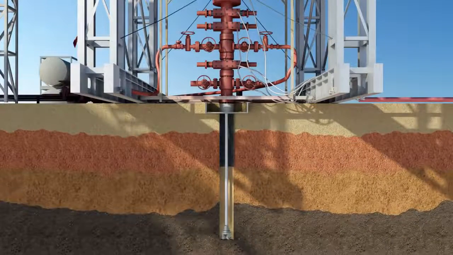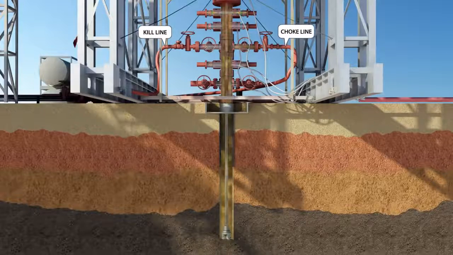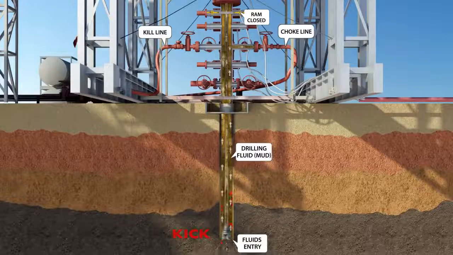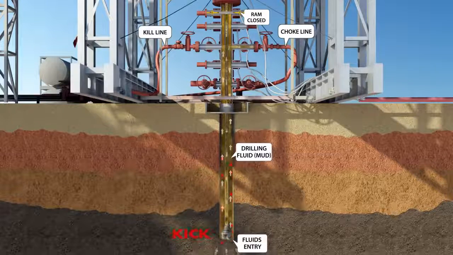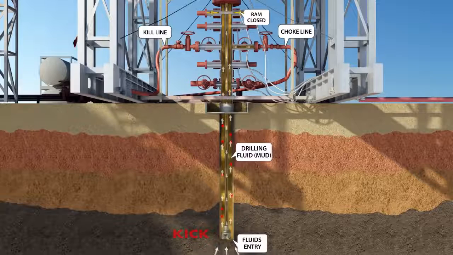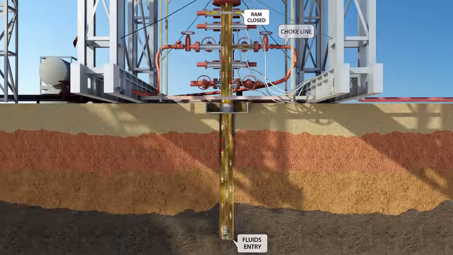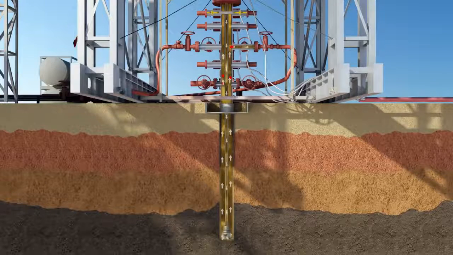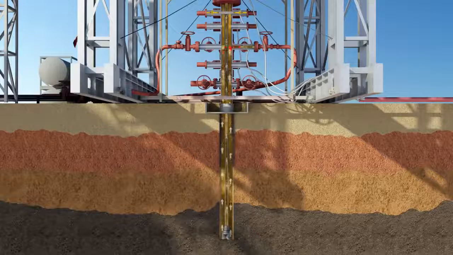The kick will be circulated out of the wellbore using the driller method first cycle by pumping drilling fluid downstream and getting returns from the annulus through the choke line to the choke manifold and the poor-boy degasser, and toxic gases will be flared. Once the kick is out, the well will be shut in.